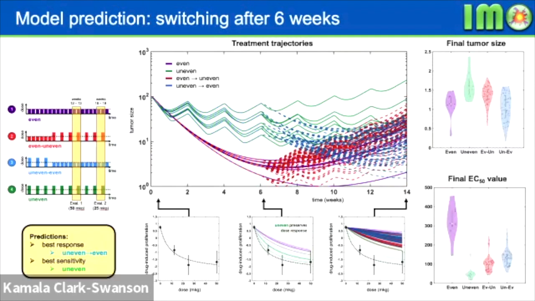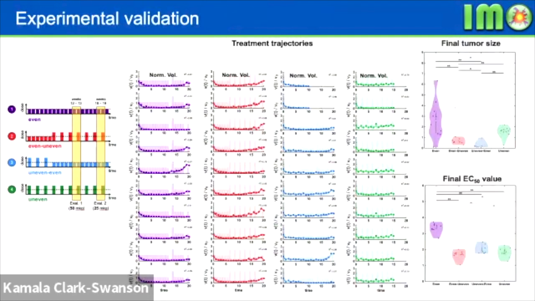And then we did a validation experiment, which confirms this mathematical prediction that when we look at our mathematically predicted final tumor size after each of these 4 treatment scheduling protocols, the blue is optimal. And if we look at the final EC50 value, it's interesting to see that the purple is the worst, but all of these other 3 options maintain a fairly low predicted EC50 value.